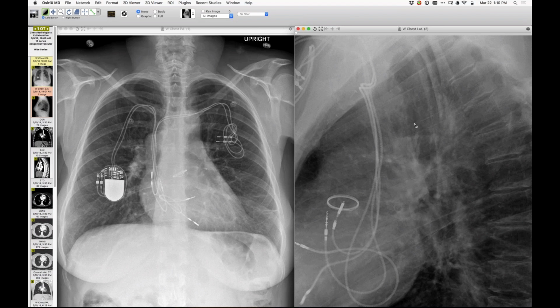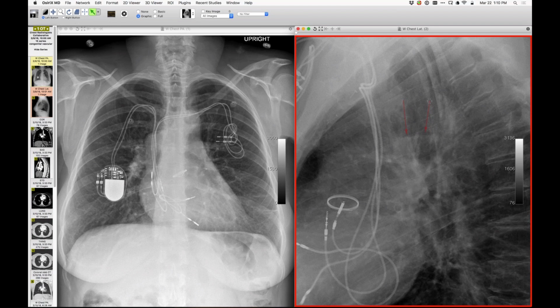But there's another interface which is here and also here. That's relatively subtle. And that corresponds with that, which is a nice big azygous vein.